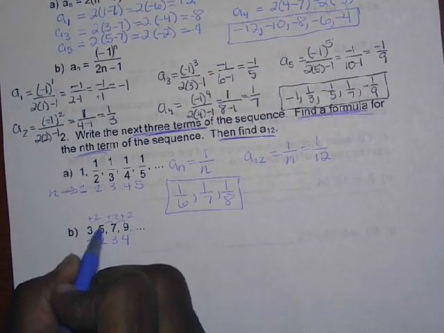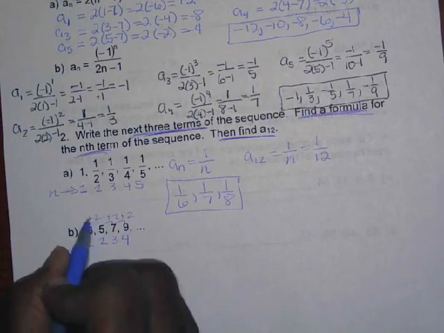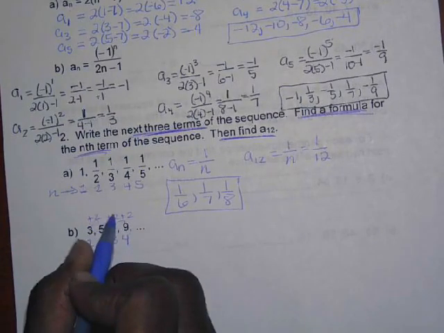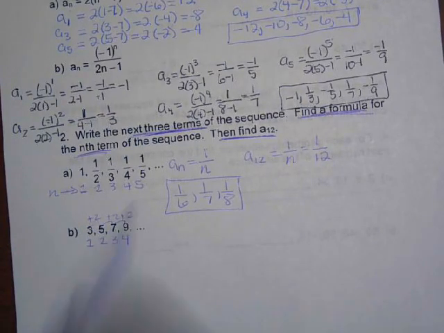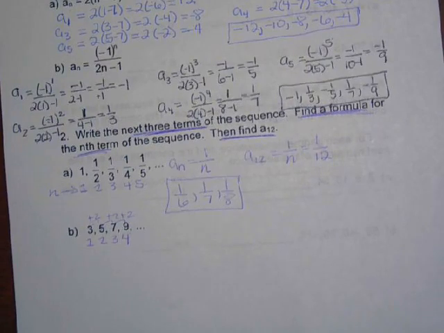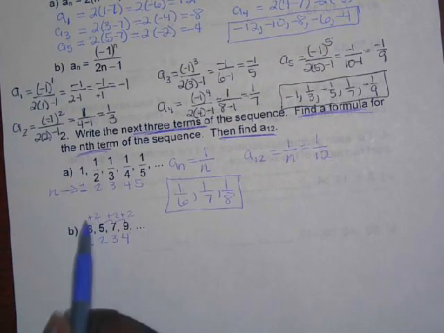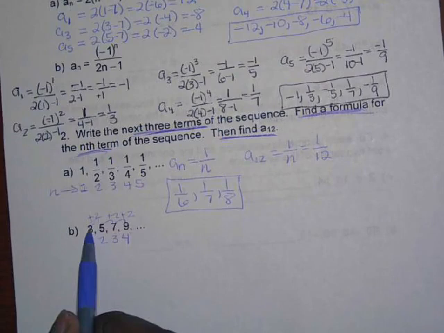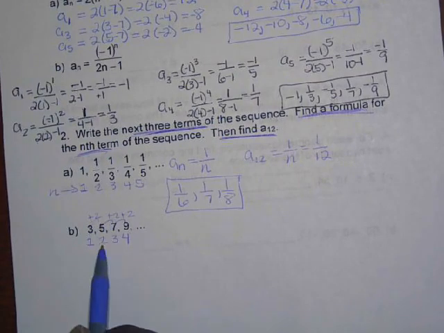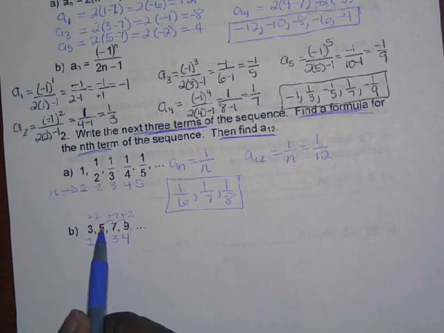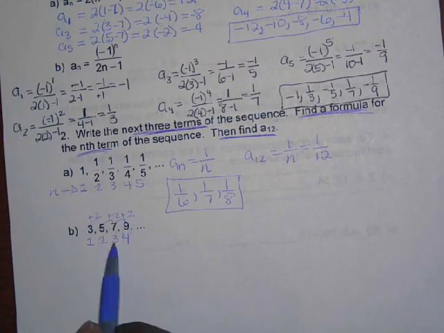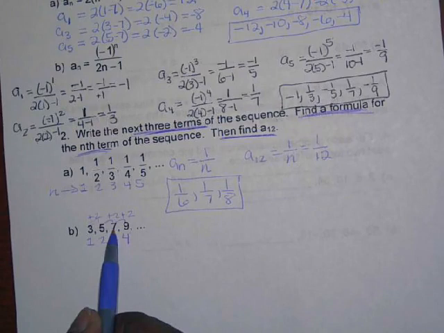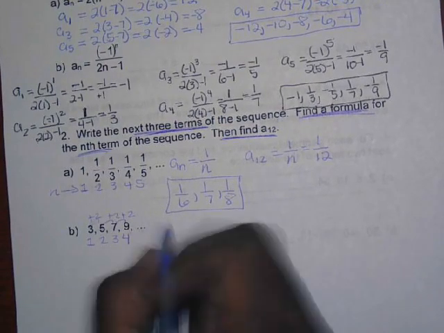Let's see. What else do we have here? Also, 5 subtract 3 is 2. 7 subtract 5 is 2. 9 subtract 7 is 2. So let's see. 2 times 1 is 2 plus 1 is 3. 2 times 2 is 4 plus 1 is 5. 2 times 3 is 6 plus 1 is 7. I think I've got it.